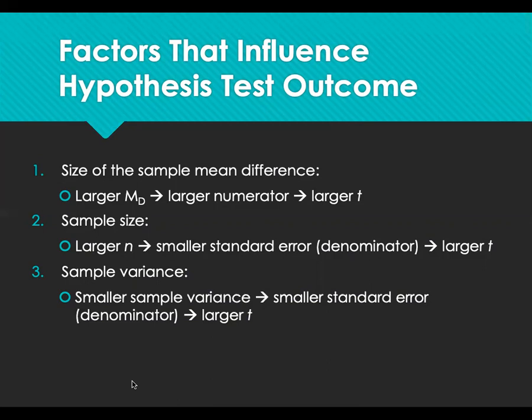I remember we've talked about before how variance can obscure differences in a t or hypothesis testing scenario. And so large sample size is good, smaller variance is good, and in this case, the large sample mean difference is going to be important.